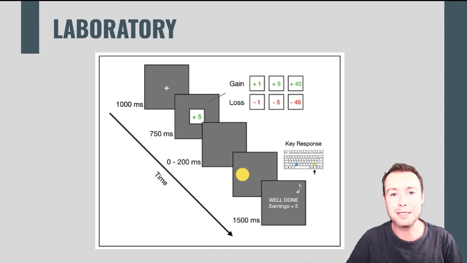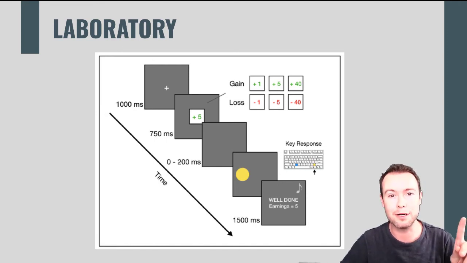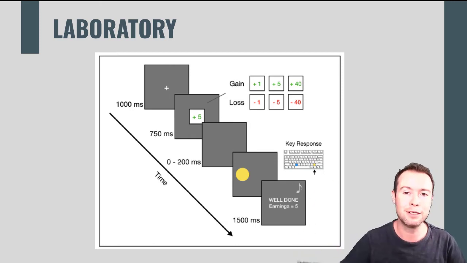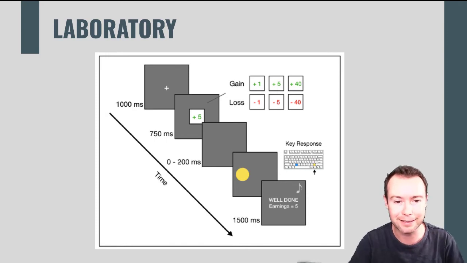Now the problem is, if that blue circle appears on the left hand side, it primes us a little bit to be more ready to make a response with our left finger. Similarly, when it appears on the right hand side of the screen, we're a little bit more primed to make a response with our right finger. And we've got to resolve this conflict and make the appropriate response.